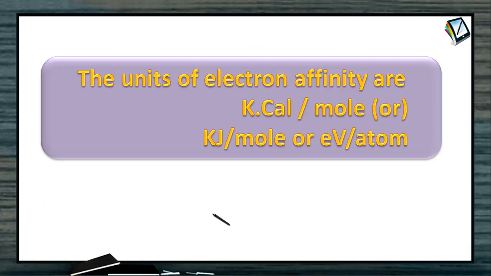The units of electron affinity or electron gain enthalpy are kilocalories per mole, kilojoules per mole, or electron volts per atom. The first two are measured per mole of anions, while electron volts represent per atom. So there are various units for the electron affinity or electron gain enthalpy.